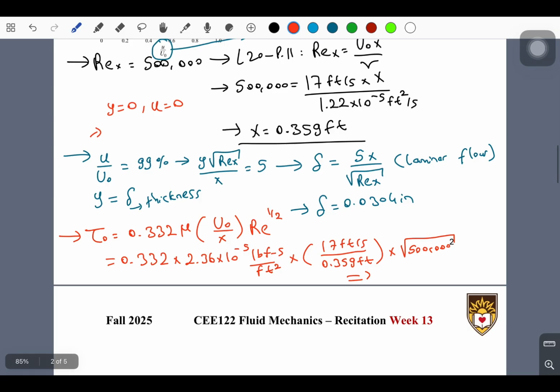And this is going to give shear stress as 0.262 pound force per square feet. And again, you can get this equation in lecture 20, page 15.